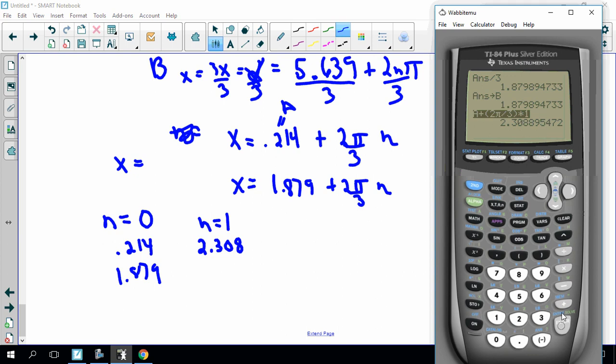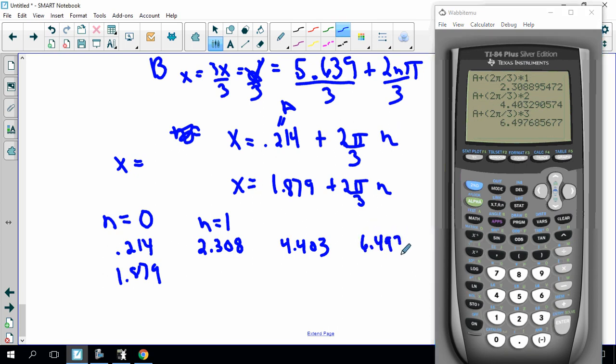Reselect, plug in a 2, 4.403, and select times 3, enter, 6.497, but 2 pi is 6.28, so stop.